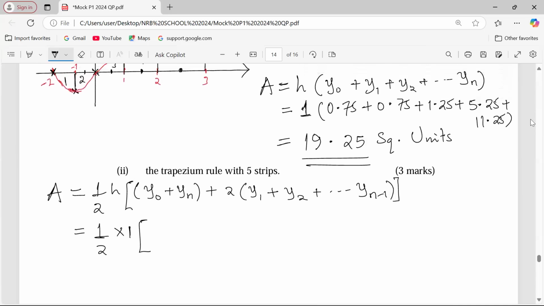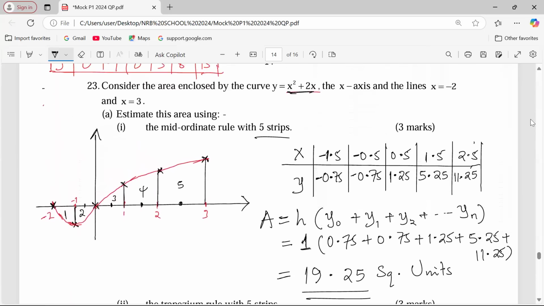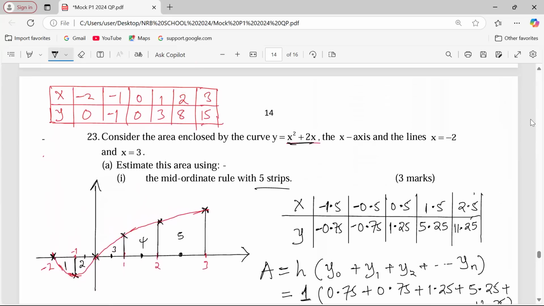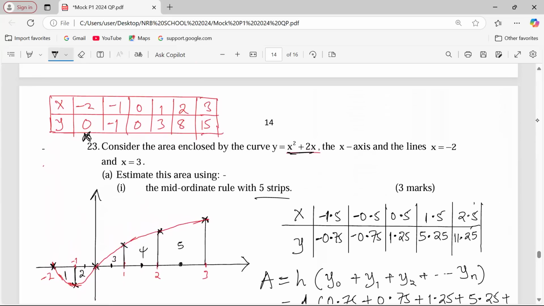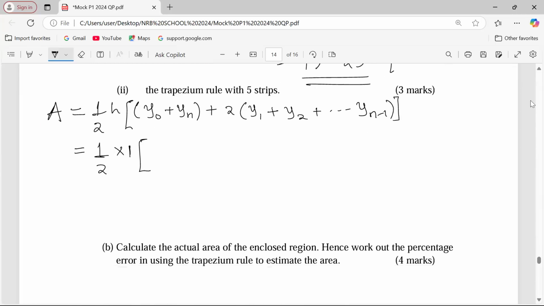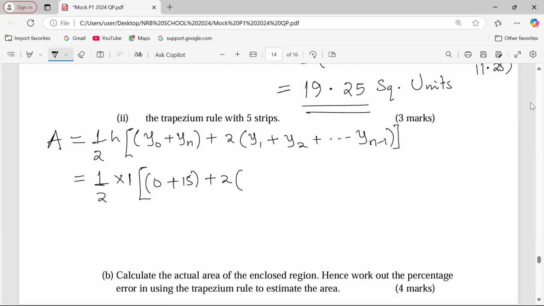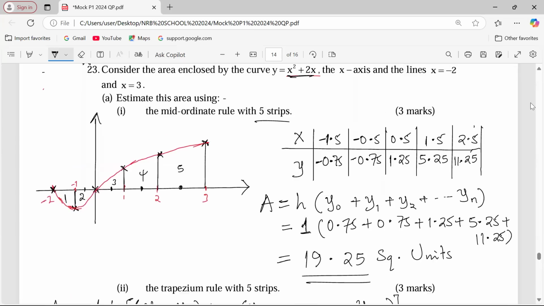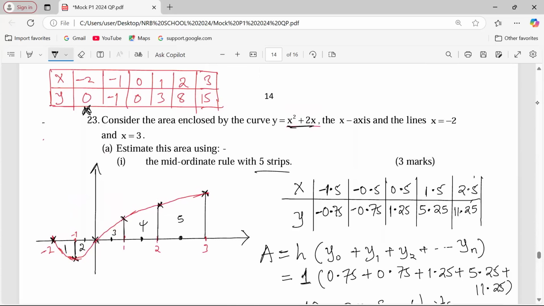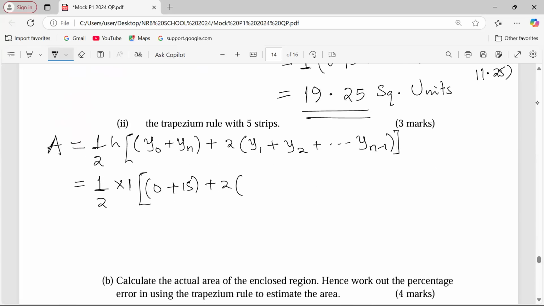Then the first height. Now for the trapezium rule, we use all the heights. So the first height is 0. The last one is 15. Plus 2 multiplied by all the other heights in between there. So instead of -1, we use the size of the height, which is just 1. So we will not apply a negative. So we use 1, 0, 3, 8.